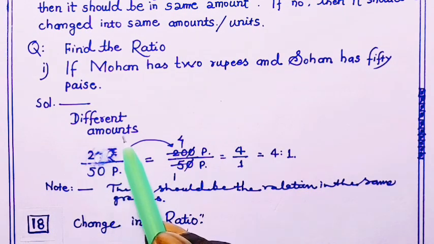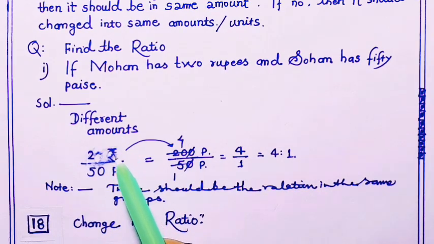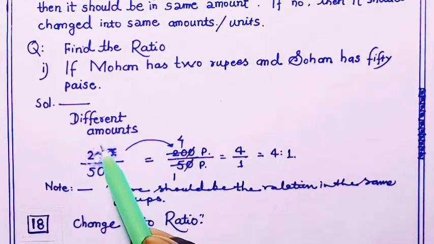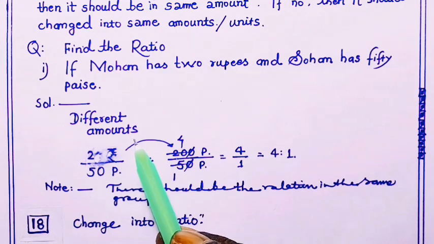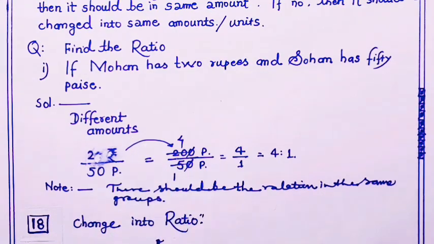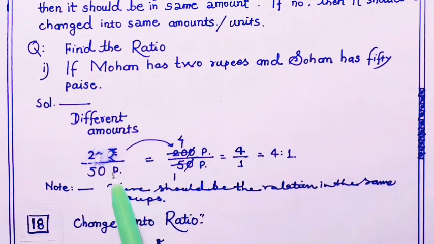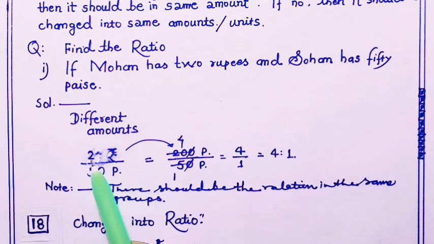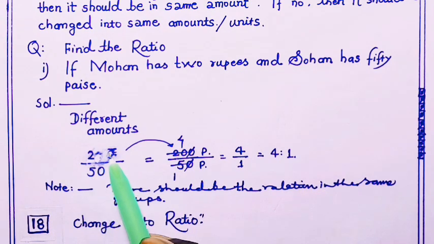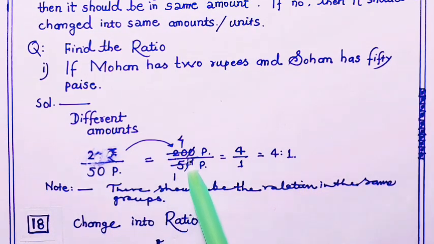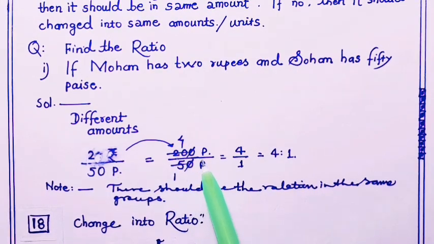These are not the same amounts. These are different in their amounts. So 2 rupees by 50 paise, first of all we will have to change 2 rupees into paise.